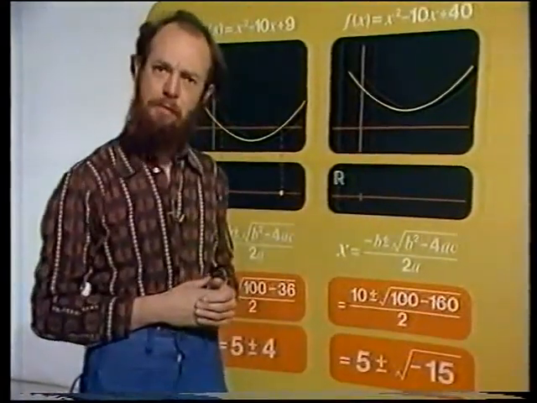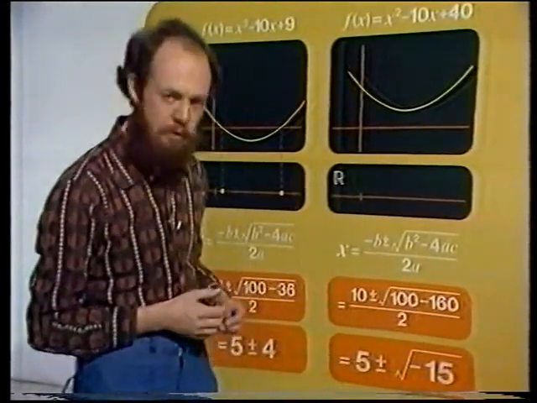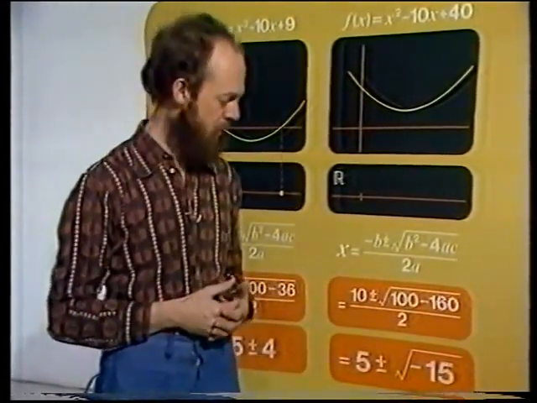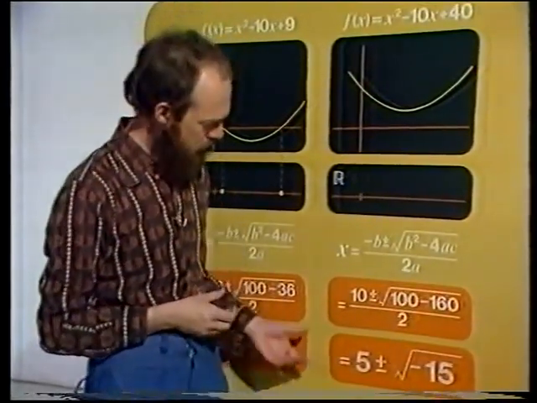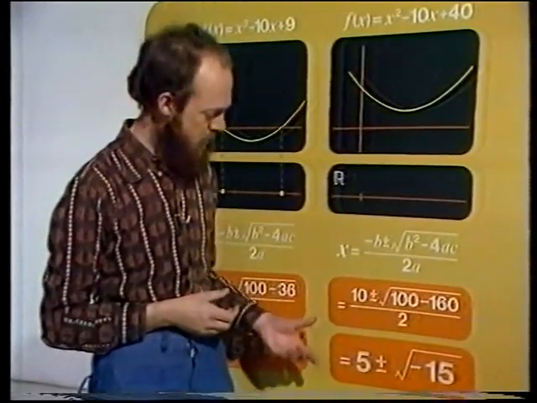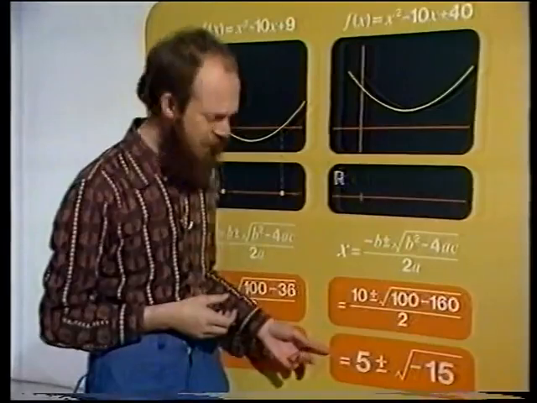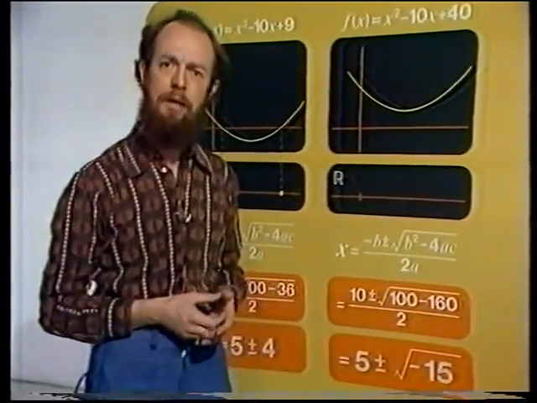And at least we can see what the problem is. We can say that we don't understand what that root of minus 15 is. After all, a positive number times a positive number is always positive, and a negative number times a negative number is positive. So what kind of a number is it that when squared is negative? And yet it really is such an excellent candidate for the root of this equation. And that's what I want to look at now in a little more detail.